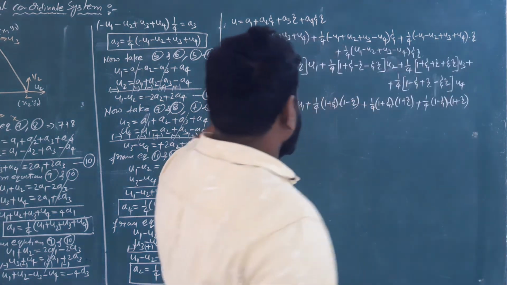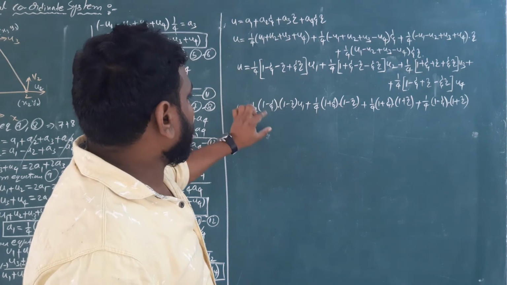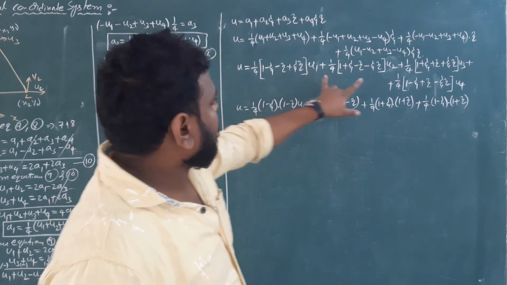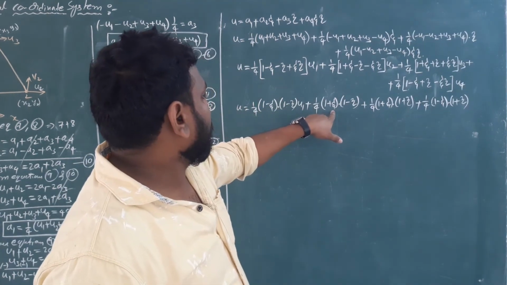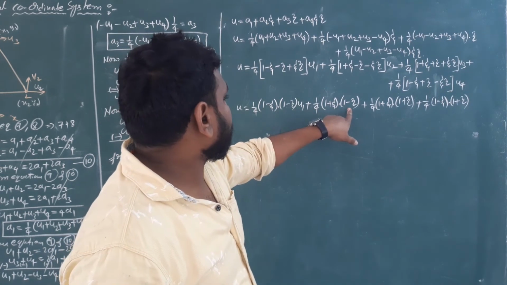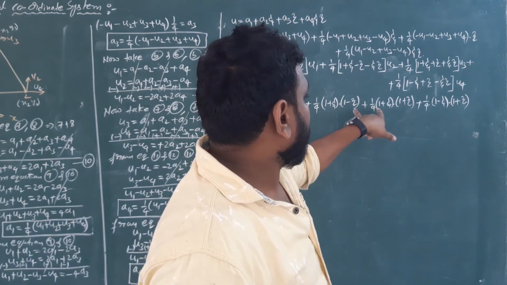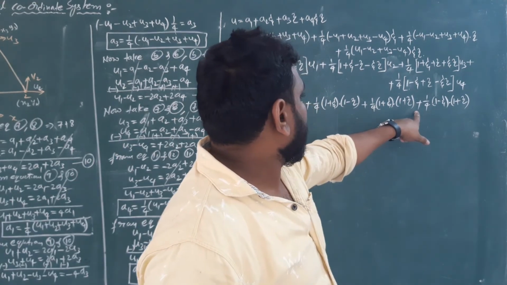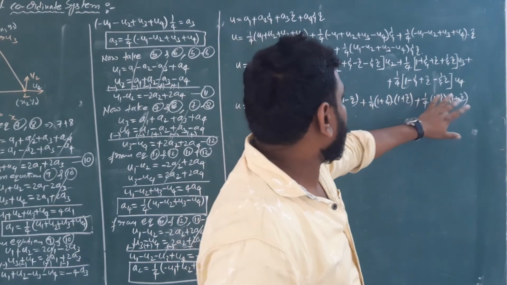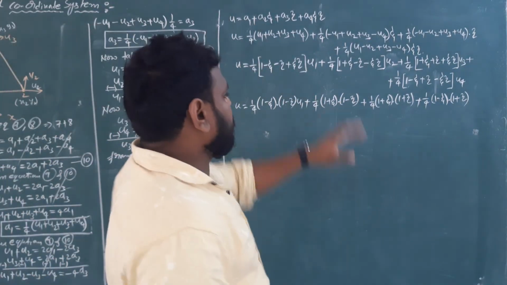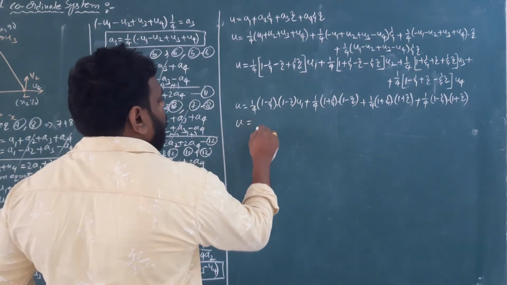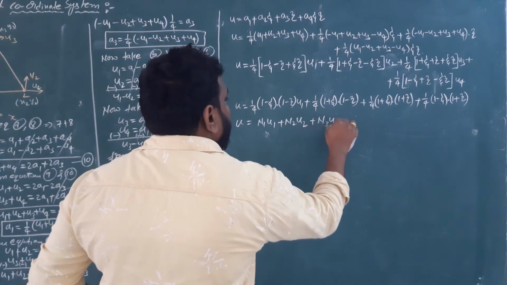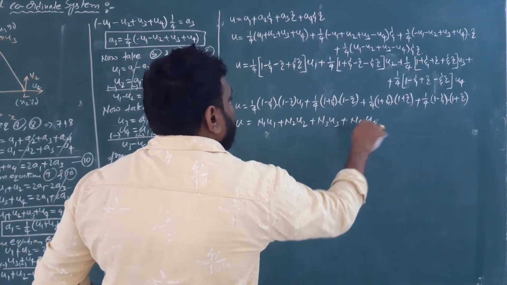I am just writing it in bracket form. So this is just like u is equal to n1 u1 plus n2 u2 plus n3 u3 plus n4 u4. This is the entire equation.